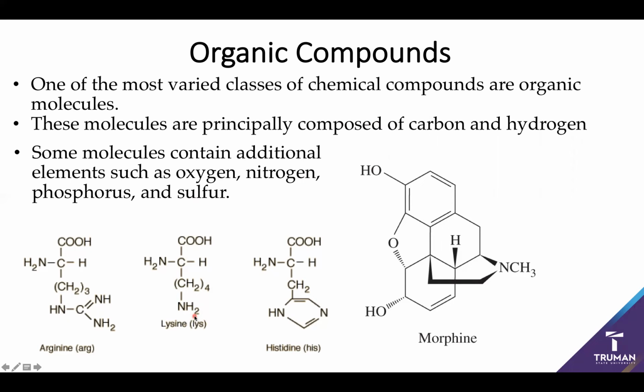And these essentially are the building blocks of proteins, along with histidine and 17 others. We also have things like nucleic acids, which is the building block of DNA, fats, sugars, drug molecules like morphine. All of these things of life are organic compounds, and they are mainly a feature of several reoccurring motifs.